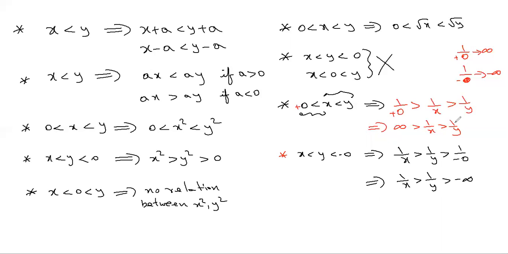After that, we'll write this: 1 by y is less than 1 by x is less than minus infinity. All that we'll write in calculations. But for now, just to highlight the point, the inequality will be reversed. I'm just writing the numbers in the same sequence, but when you take the reciprocals, the inequality should be reversed, because these are negative values, this will be greater than minus infinity.